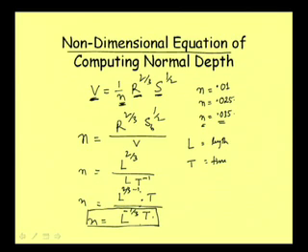Well, now using this dimension and considering this dimension also, we can develop an equation of the uniform flow, which we have already written for a trapezoidal channel. The same equation we can write in a different form, which we call a non-dimensional equation of open channel flow.